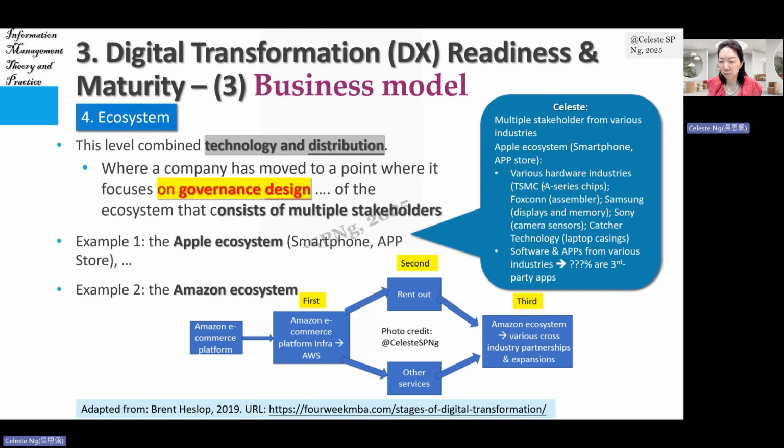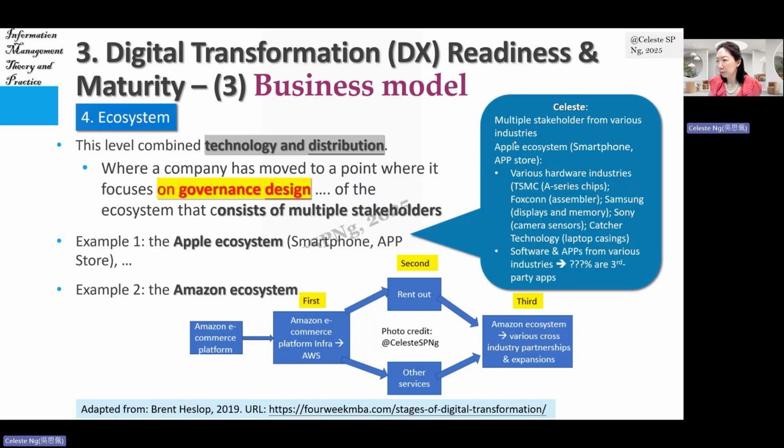You know, TSMC is coming from the high-tech industry, right? Then we have Foxconn, who does the assembler job, right? And then we have Samsung, another player that supplies display and memory to Apple, to build its smartphones. And we also have Sony supplying another type of hardware, that is a camera sensor for Apple, right?